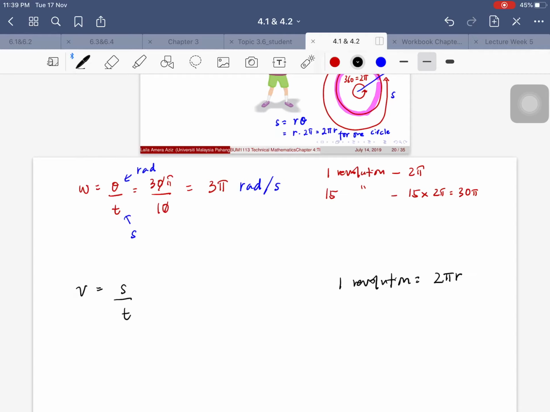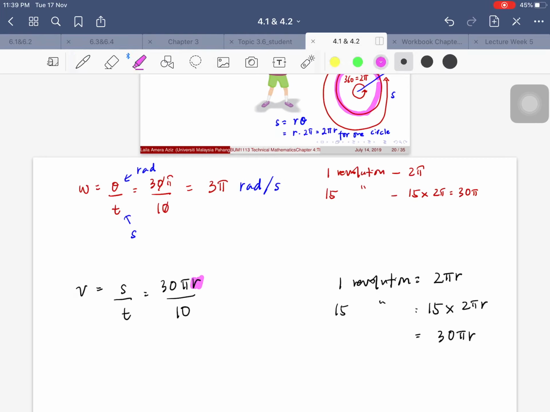But we have 15 revolutions for this case, so that is 15 multiplied by 2 pi r, which equals 30 pi r. So for this case, it's 30 pi r over 10 because the time is 10 seconds.